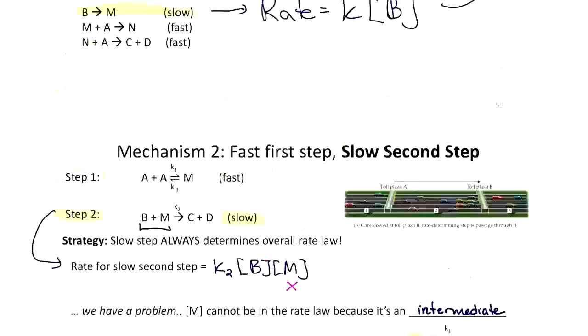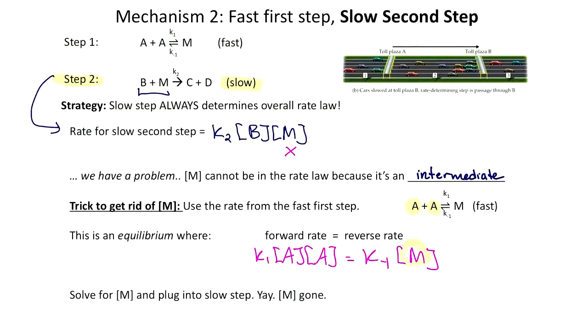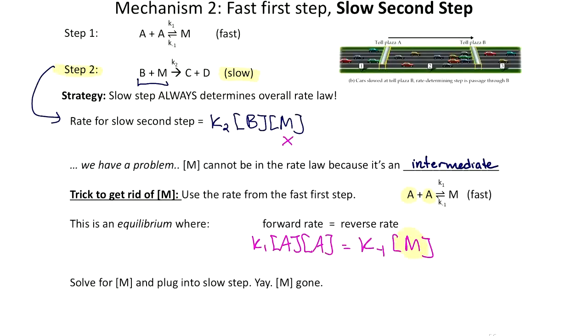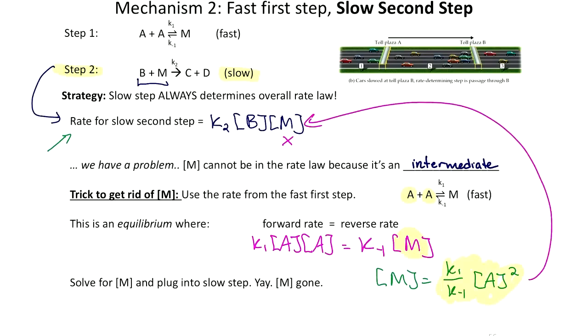Now we have an expression that has M in it. I can rearrange things to isolate M and then replace it in my original rate law expression to get rid of it. So M is equal to, okay, move stuff around, K1 over K negative 1 times A squared. And so it's this expression. I want to plug that in for M because I'm not allowed to have it in my rate law.